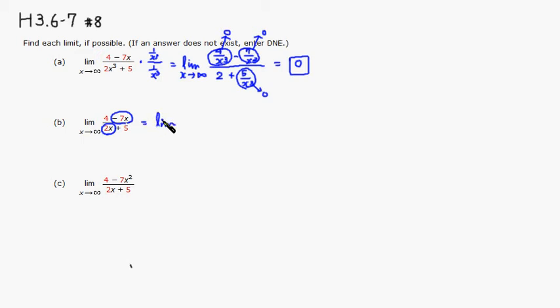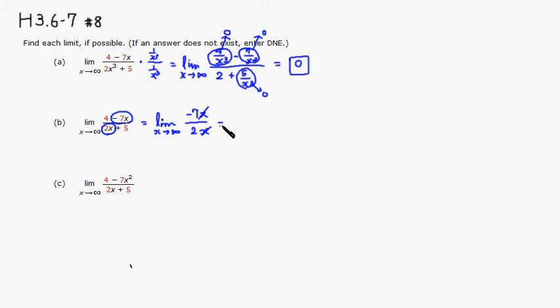So the limit as x approaches infinity, you have negative 7x on top as the leading term, over the leading term on the bottom, 2x. Then simplify: the x on top and the x on the bottom cancel out.